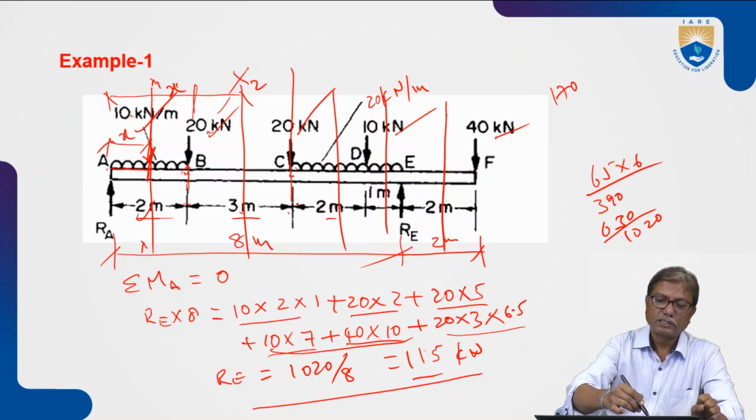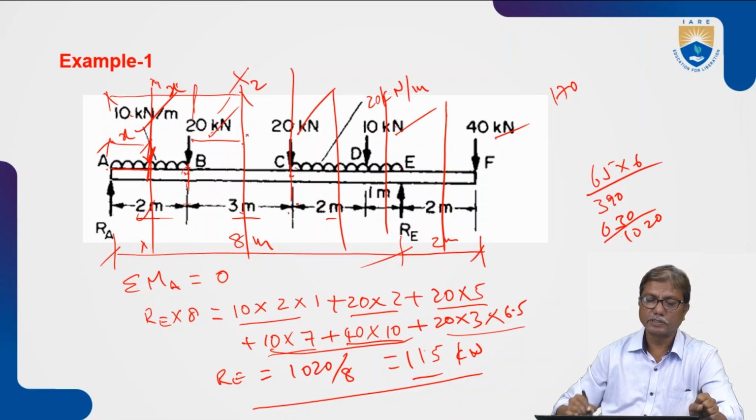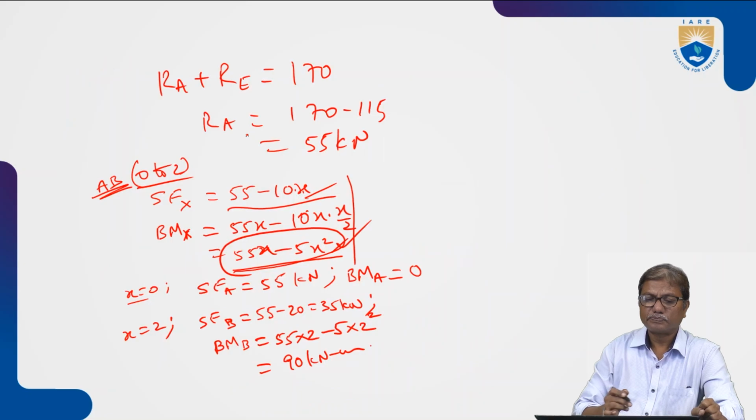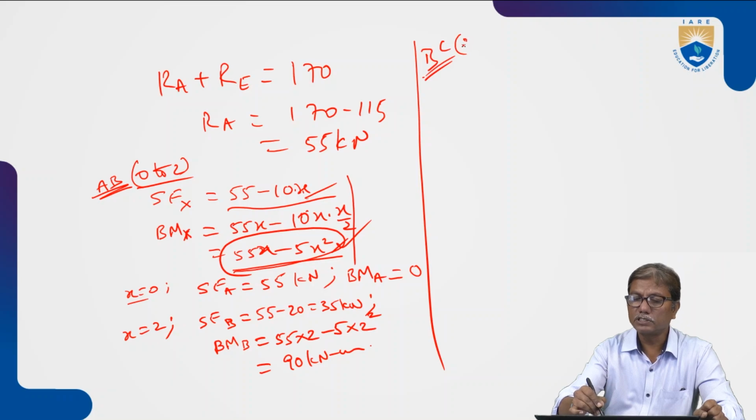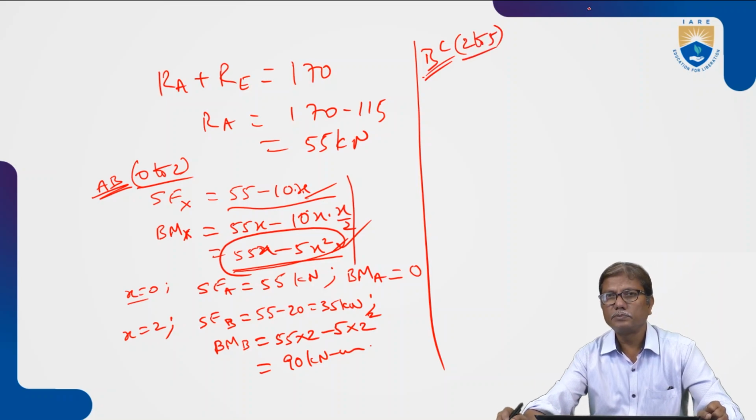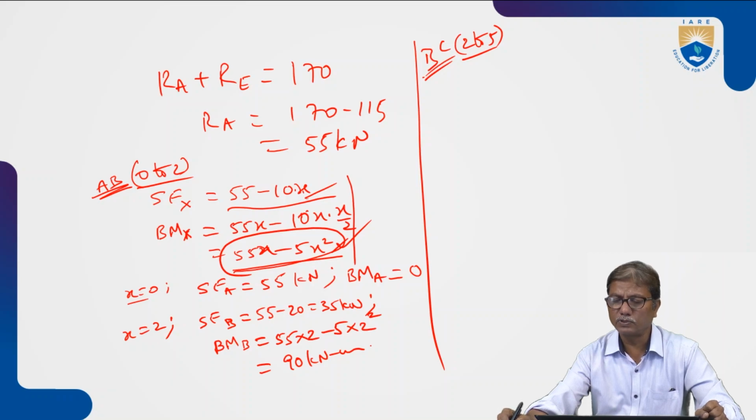And minus 20, the point load, into x minus 2, this distance. Okay? So, considering the section between BC, the limits for x are from 2 to 5.